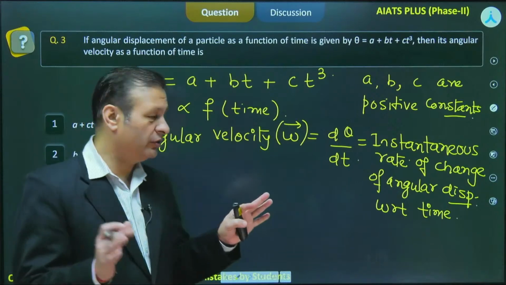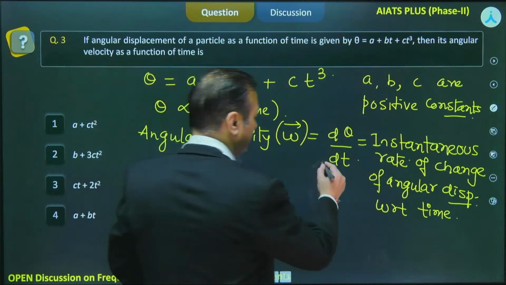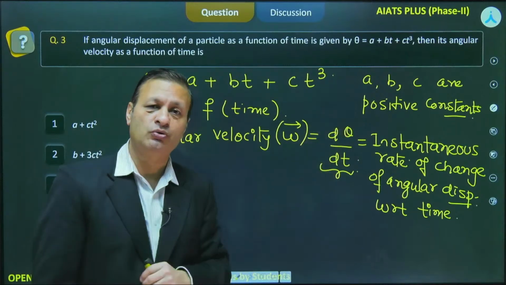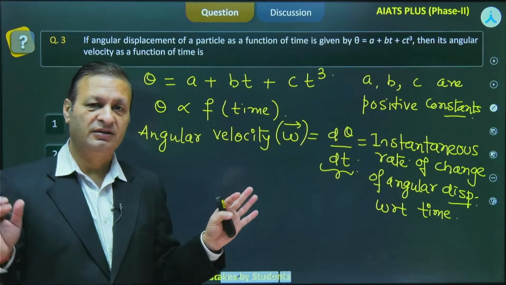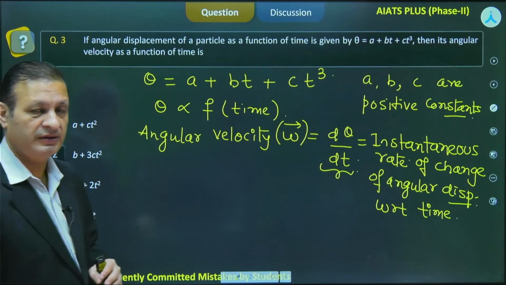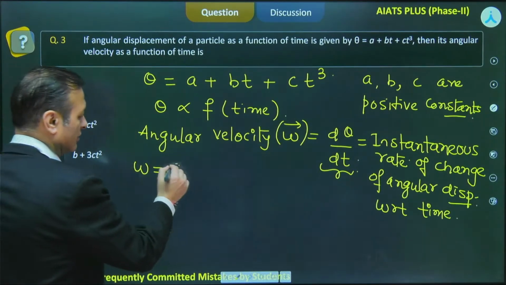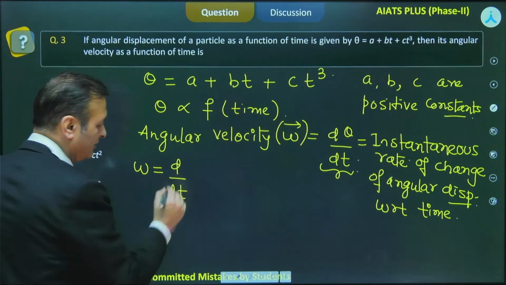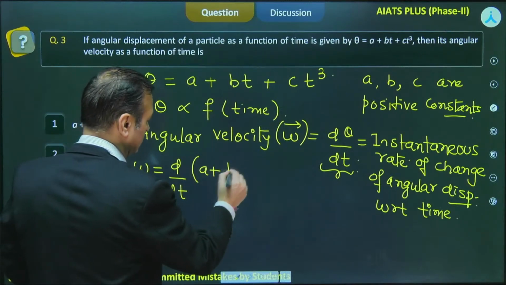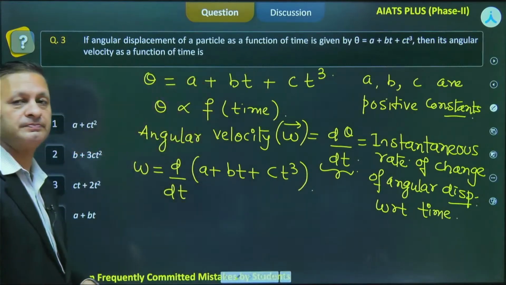So now we have understood. We just have to differentiate, because we understand d theta by dt as the derivative of theta with respect to t. I think this is very clear to everyone. So for this angular velocity, d by dt, we simply put the value of theta from the given equation, a plus bt plus ct cube.